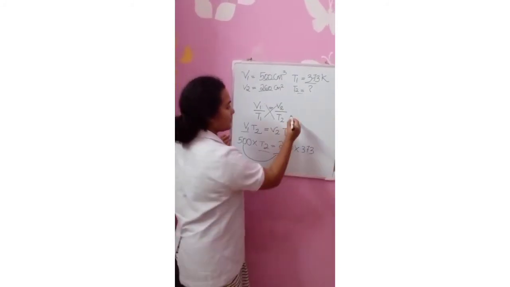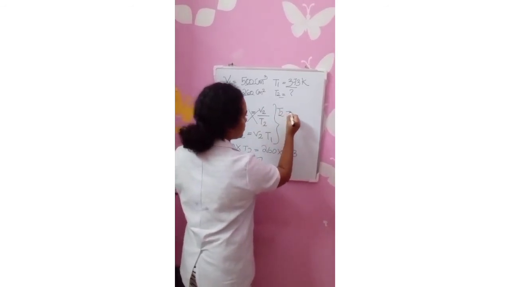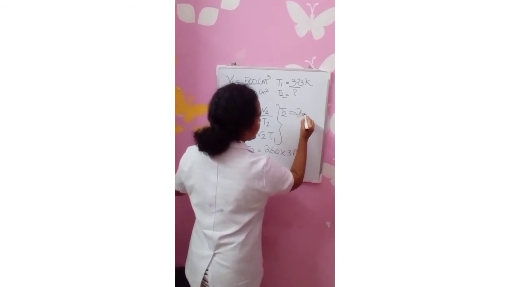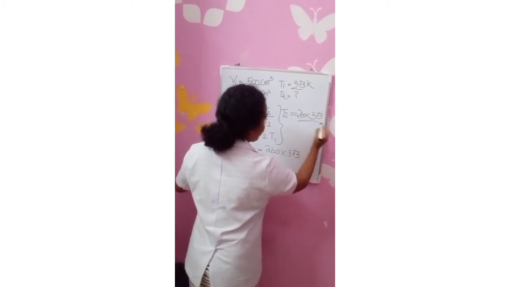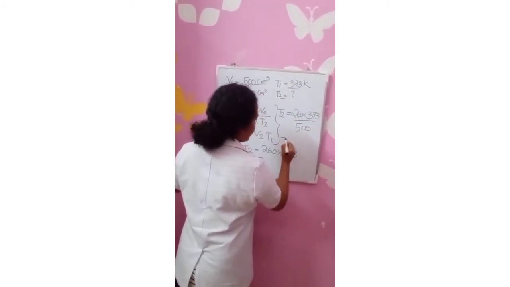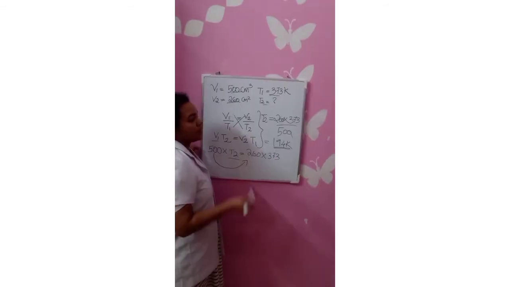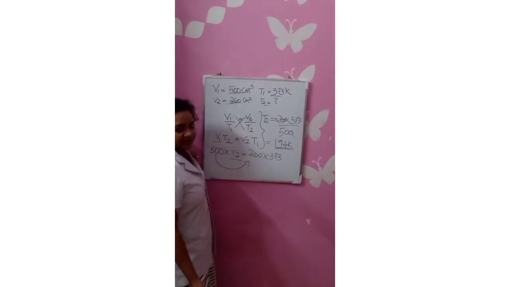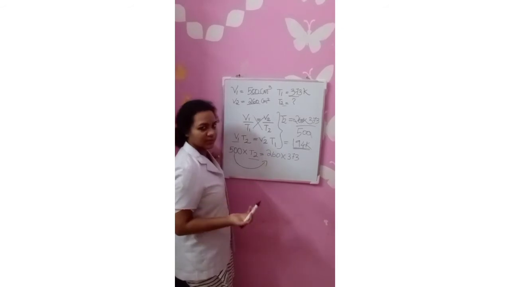So we'll get T2 is equal to 260 into 373 divided by 500. If we calculate the value, we will get 194 Kelvin. Similarly, all the problems we can do according to Charles law.